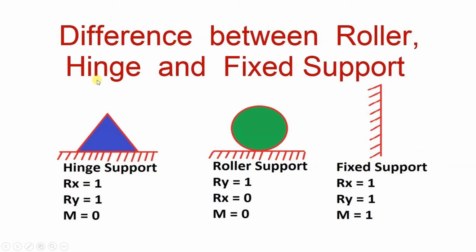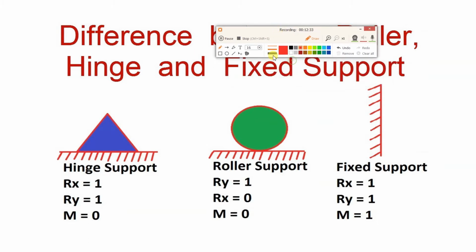Now we will compare all the three supports again. What are the three supports which we saw? First one was roller support. Second one, hinge support. And third one was fixed support. In roller support, we have only one reaction in Y direction.